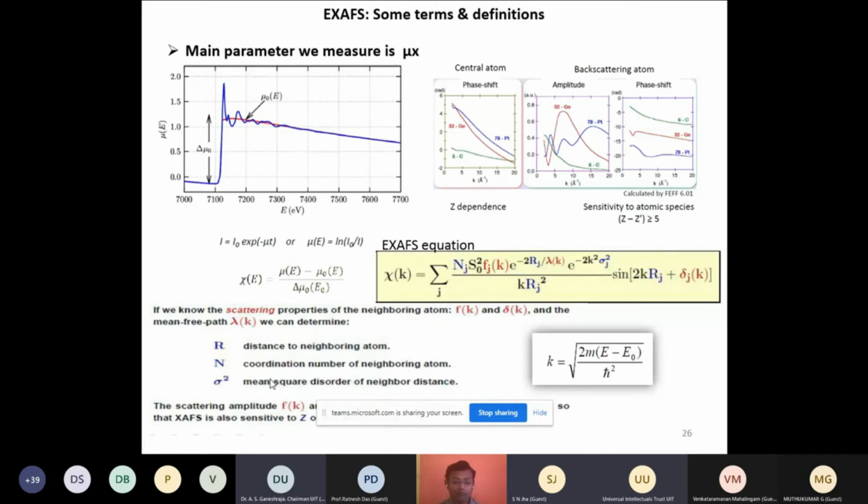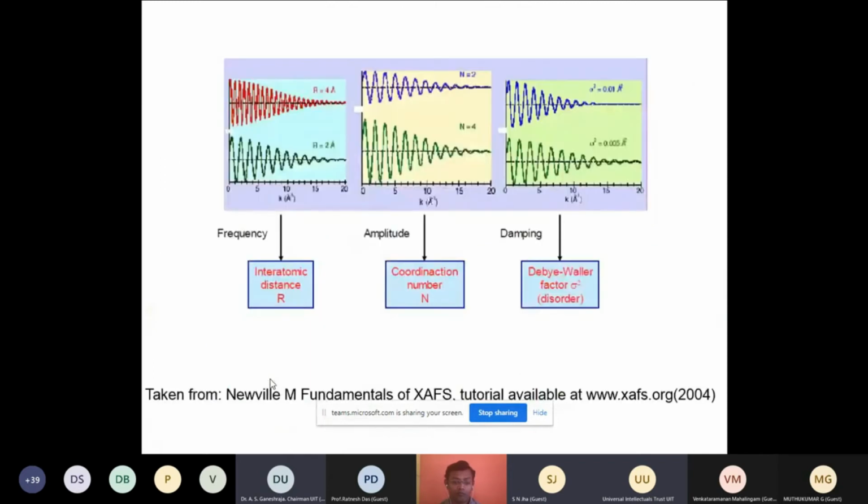Further, to give you a feeling of how the interference distance is related to the sine wave frequency: if R is greater, you will see a higher frequency signal compared to lower R. Similarly, the amplitude is proportional to the coordination number.